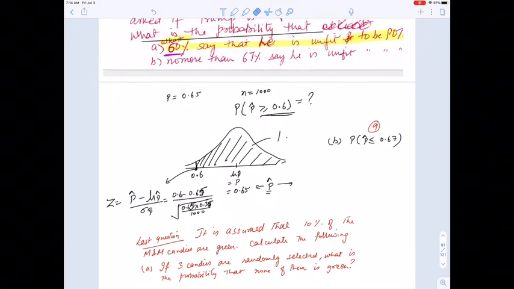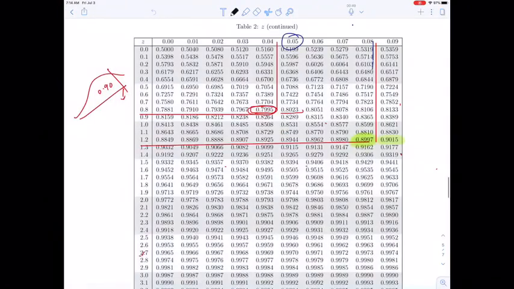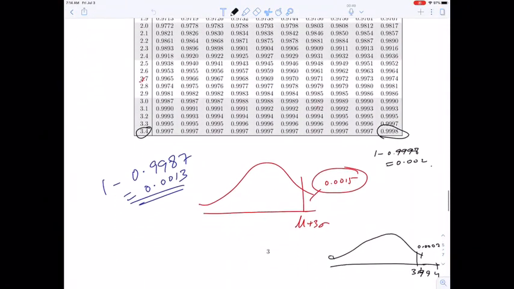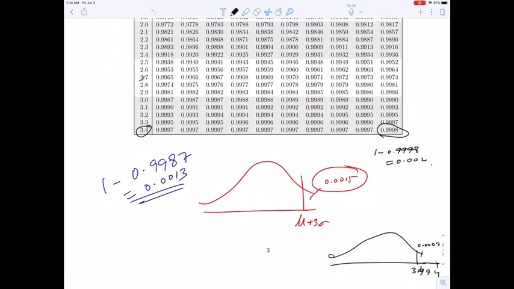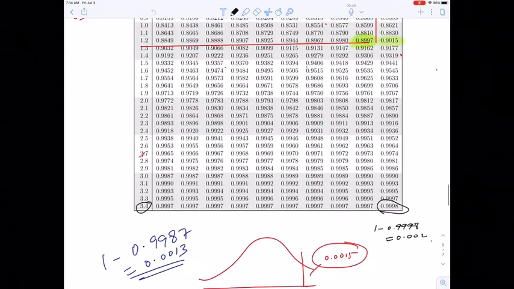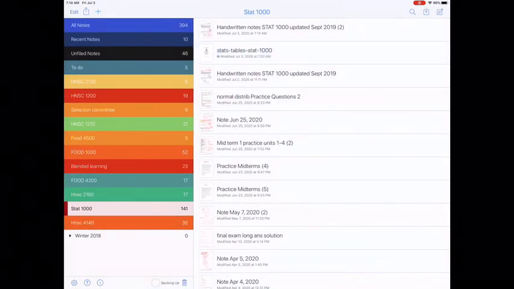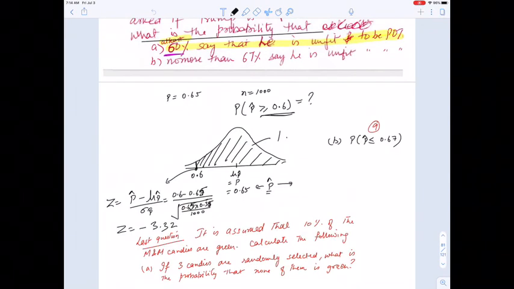So we get Z equals negative 3.32 maybe. So for the area on its right hand side, we can check the table. Negative 3.32. Area on its right hand side would be 0.9994. Or no, for 3.32 it's 0.9995. That would be the answer.